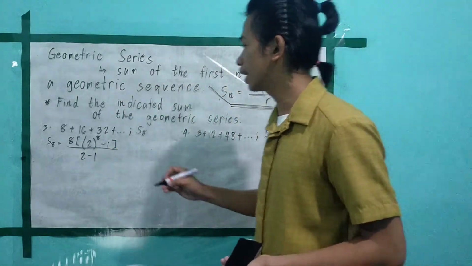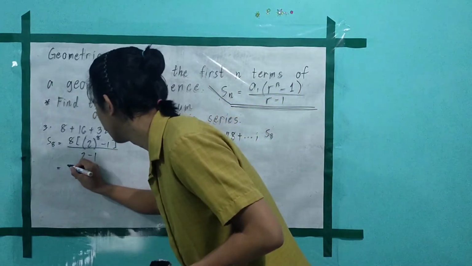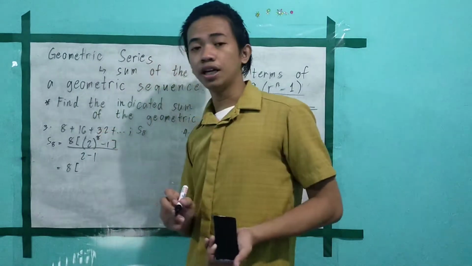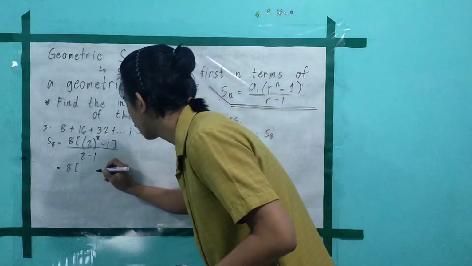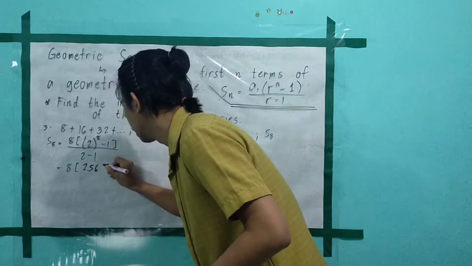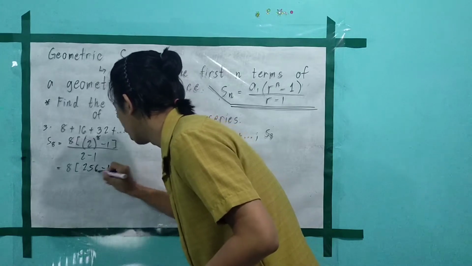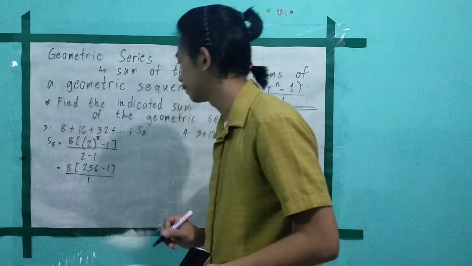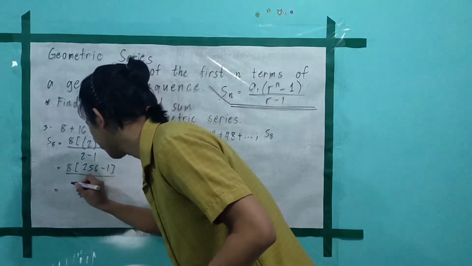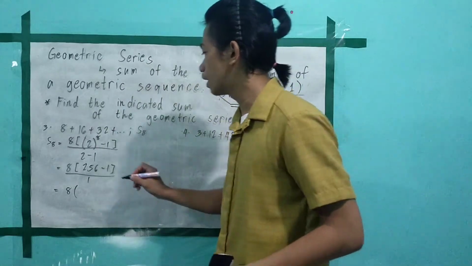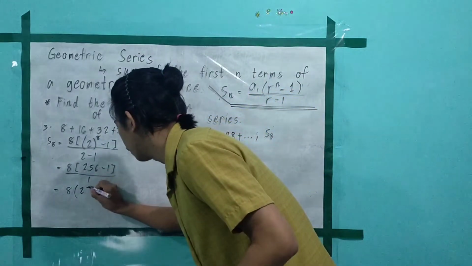And then simplify lang natin siya. So we have 8 multiplied to 2 raised to 8, we have 256 minus 1. All over 2 minus 1, we have 1. Yan. Is equal now to 8 multiplied by 256 minus 1, we have 255.